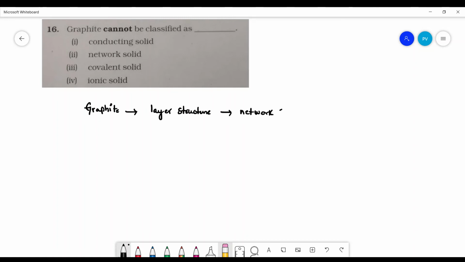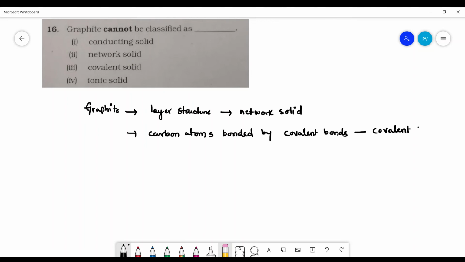Carbon atoms are bonded by covalent bonds. So it is a covalent solid.